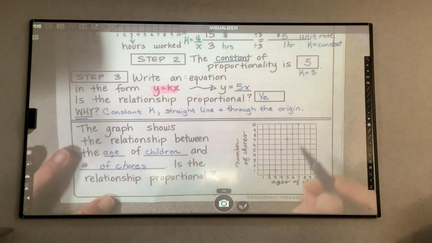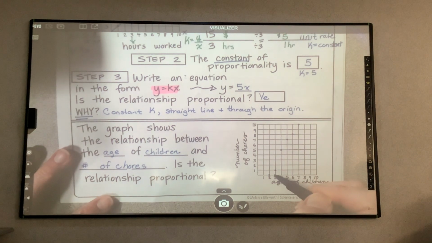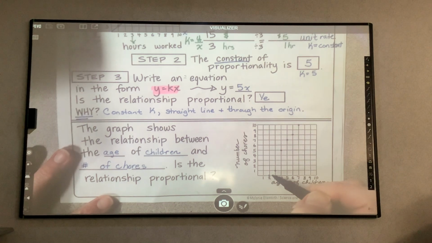So if I just take a look at my plotted points, I'm just going to try to connect the dots. Go ahead and start connecting the dots.